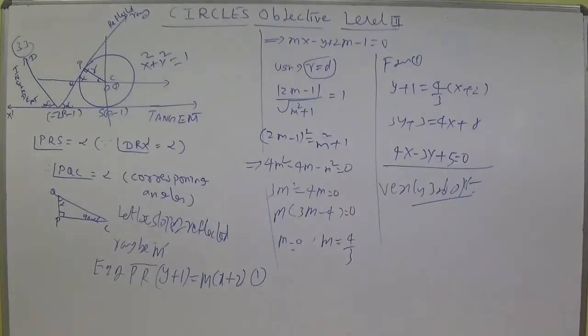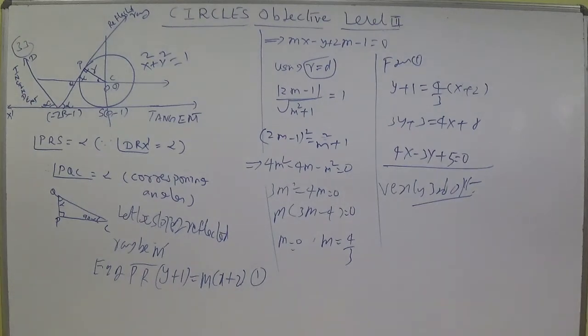Let us verify in the old book, students. The point minus 2 comma minus 1 is there.